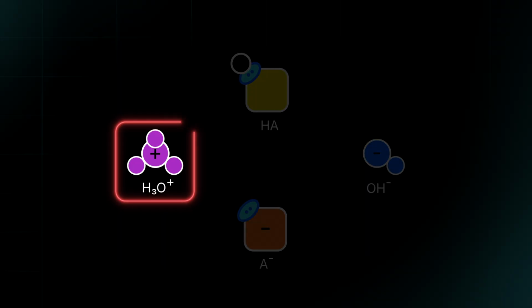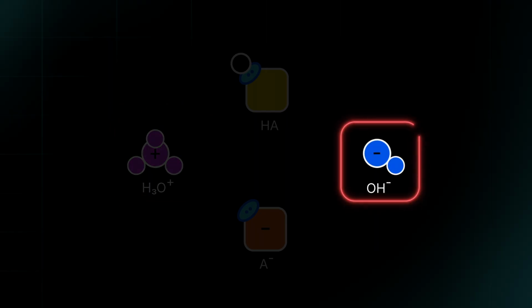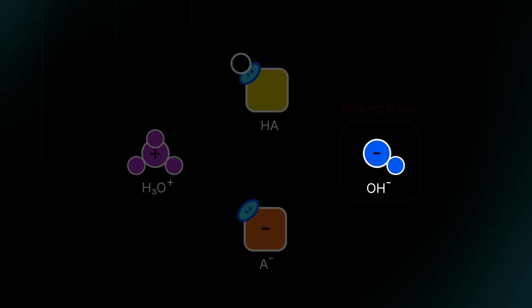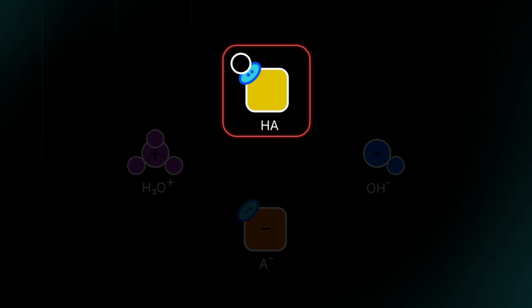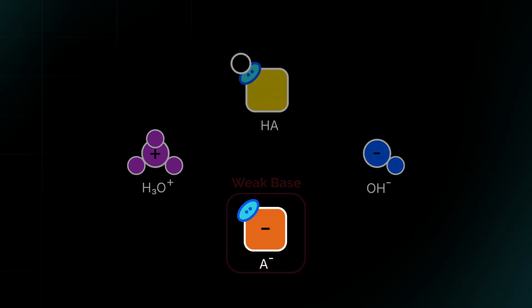If hydronium ion is the only majority species, we have a solution of a strong acid. If hydroxide is the only majority species, it's a solution of a strong base. Or maybe the only majority species is HA, meaning a weak acid solution, or just A-, meaning a weak base solution. That's great, but things can get a little more interesting.